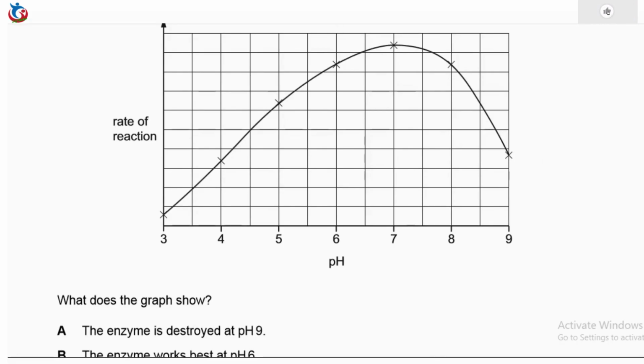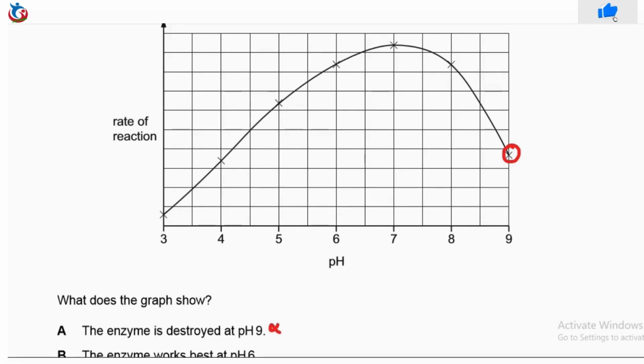At pH 9, the rate of the reaction is still there. The enzyme is still active, it's not completely destroyed. So that makes option A wrong.